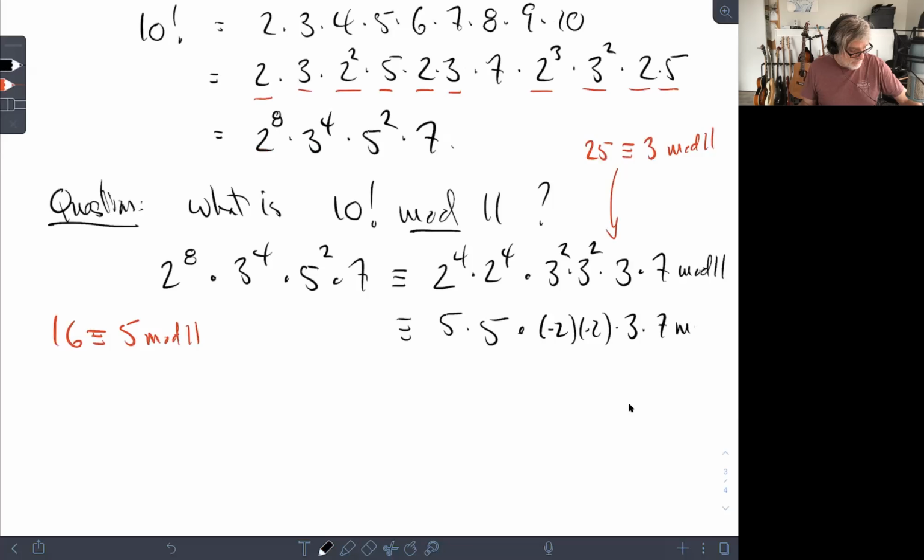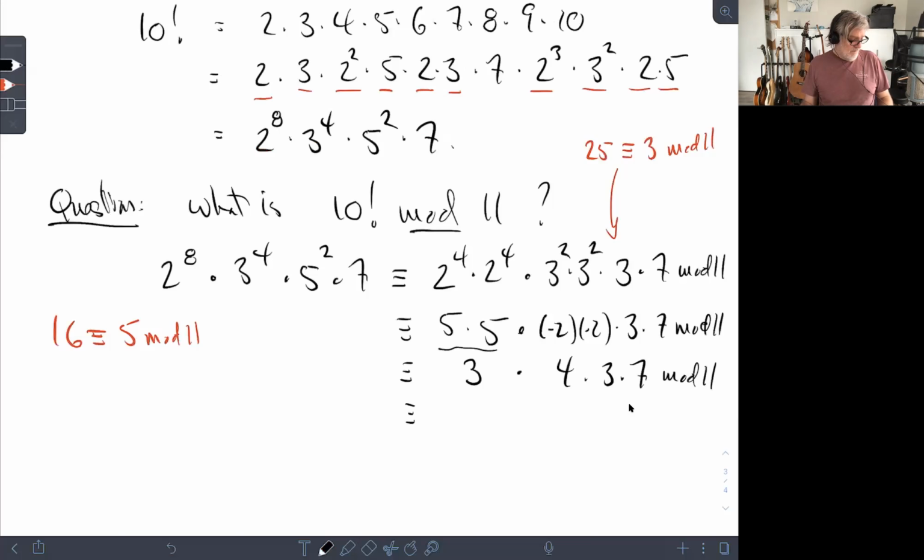That's what I'm doing. So I'm working mod 11, so 9 is the same as minus 2. Okay, so 5 times 5 we said was 3 mod 11, so this is just 3. Minus 2 times minus 2 is 4. Times 3 times 7 mod 11.